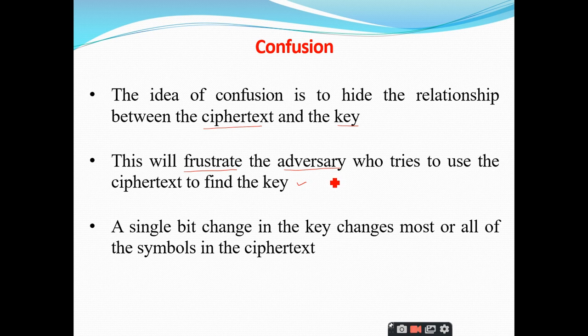By making use of the ciphertext, you can find the plain text and you can find the key also. This is what we discussed in the first slide. And the third point is that a single bit change in the key changes most or all of the symbols in the ciphertext. So everything we have explained.